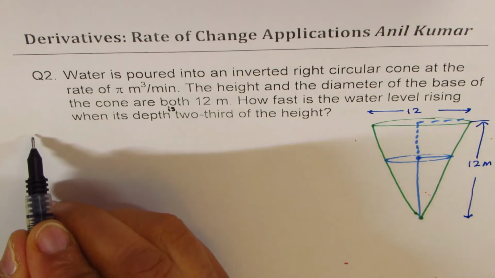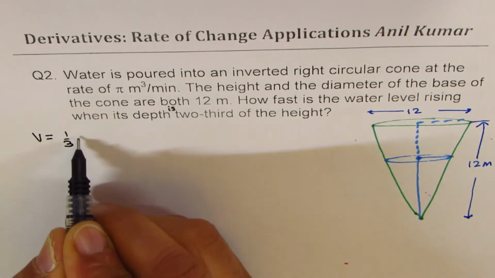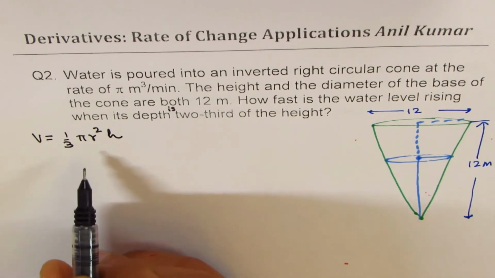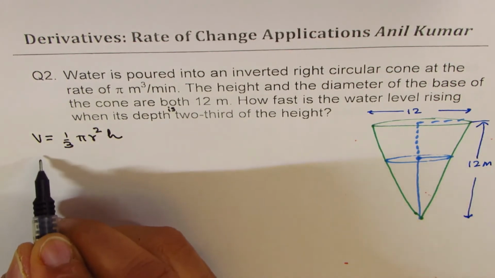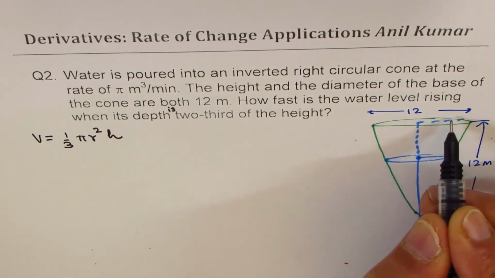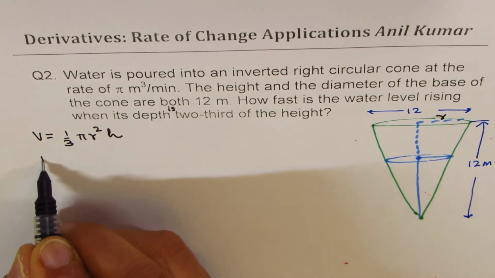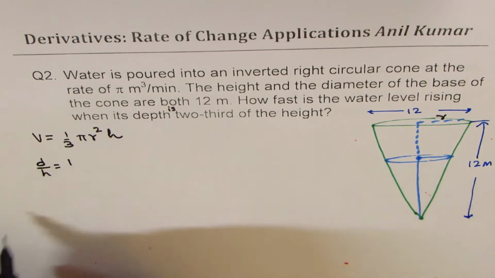Whenever we are talking about a cone, we know volume is 1/3 pi r squared h. Since the ratio of diameter and height is the same, and diameter is twice the radius, the ratio of diameter over height is 1.